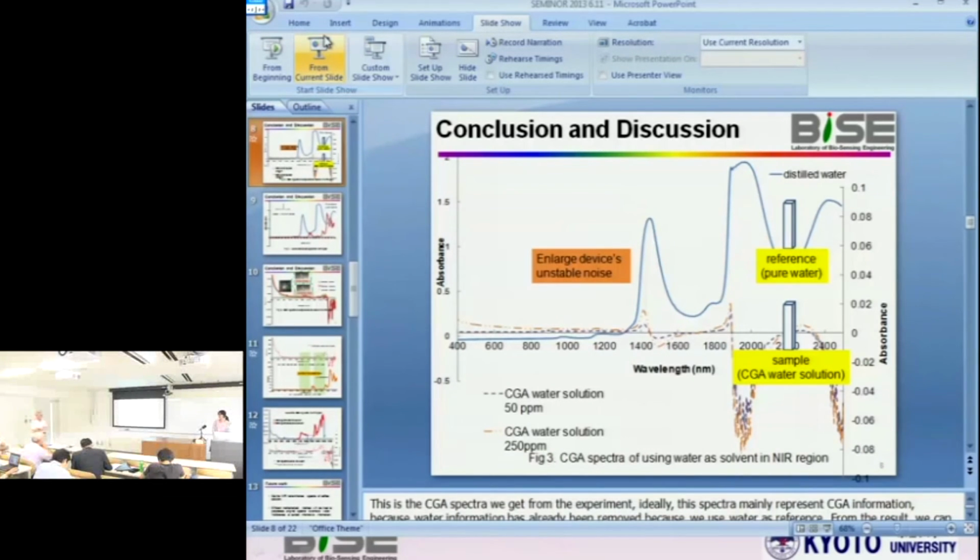Any suggestion? Comment? In your graph with both the water and the acetone, you showed that there are areas where there is minimal noise. Why do you not restrict your analysis to that area alone? Why do you want to get a broad spectrum analysis?